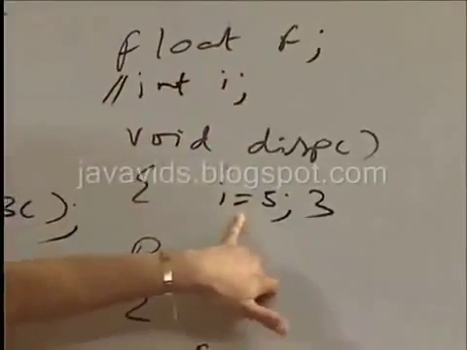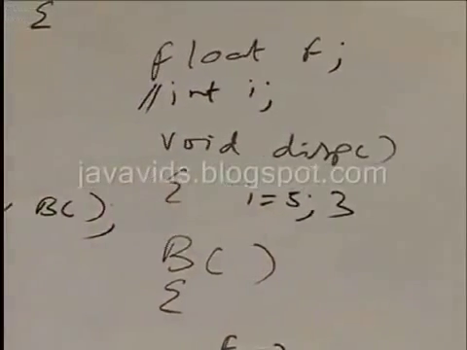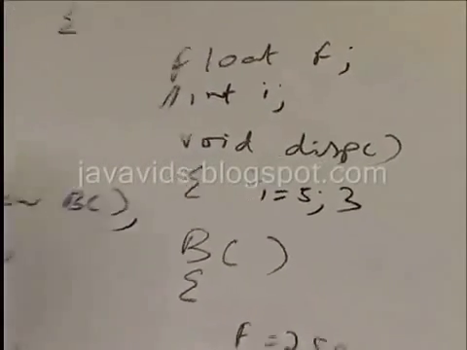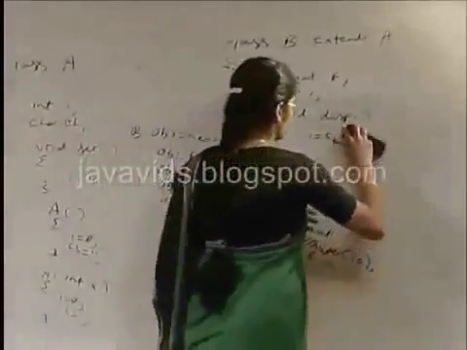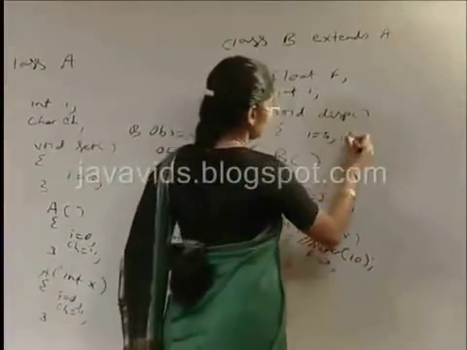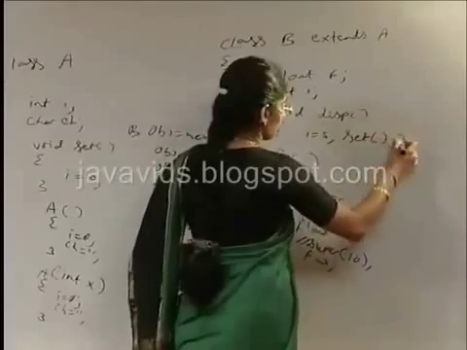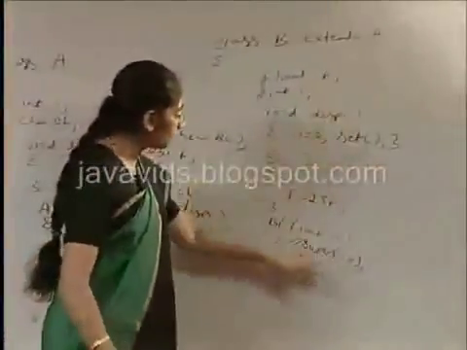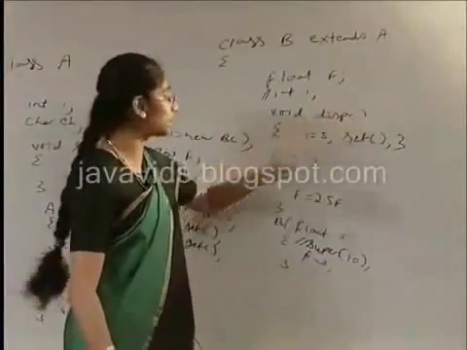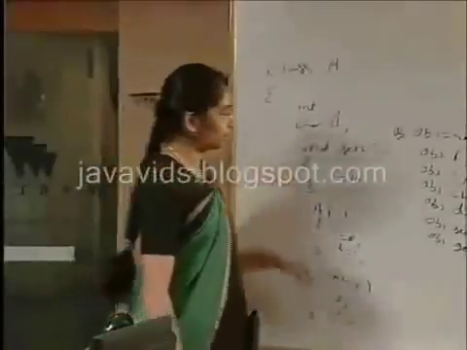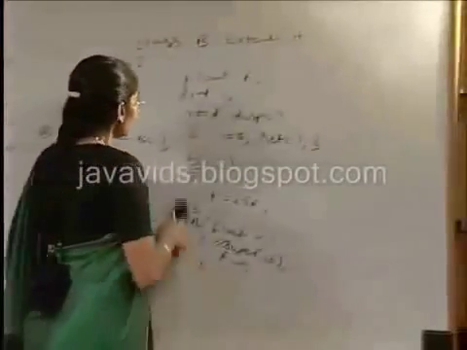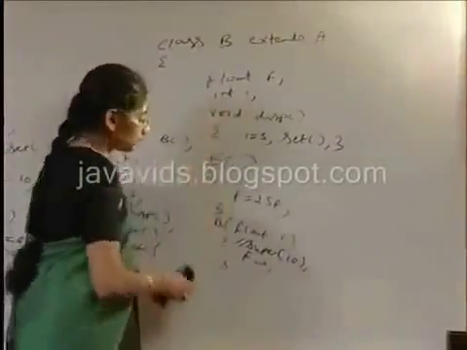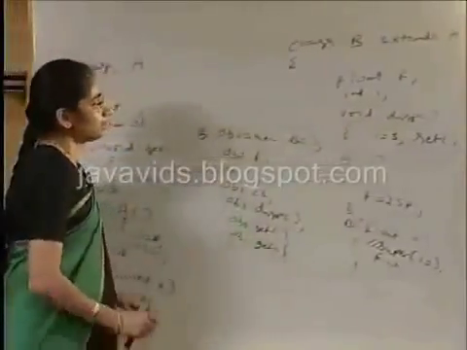So the i that we are talking about here comes from the parent class. Or if we were to invoke the set method here, which set method are we talking about? Since we don't have any set method in the child class, we are talking about the set method of the parent, right?